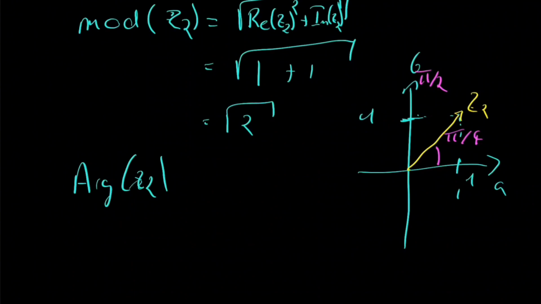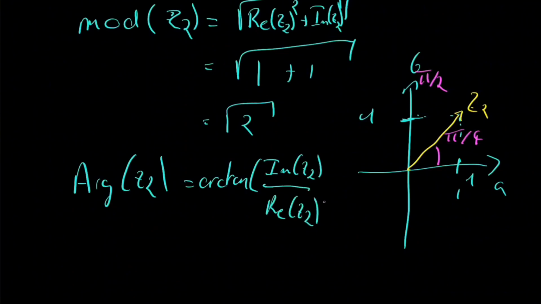Generally, we've got argument of z2 is equal to the arc tangent of the imaginary part of z2 over the real part of z2. So plus or minus, because let's remember that arctangent will have two solutions. So for instance, for this problem, z2, but also the symmetric of z2. So let's call it z2 prime.